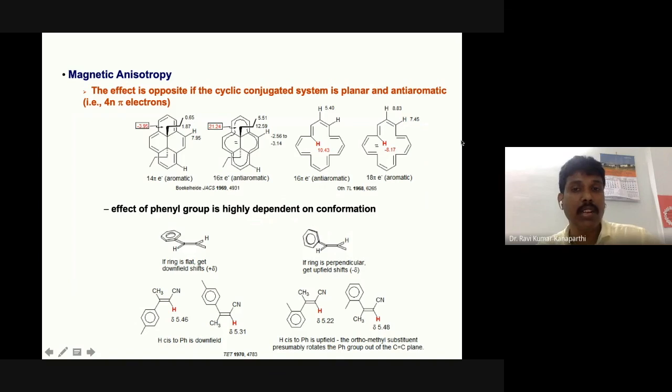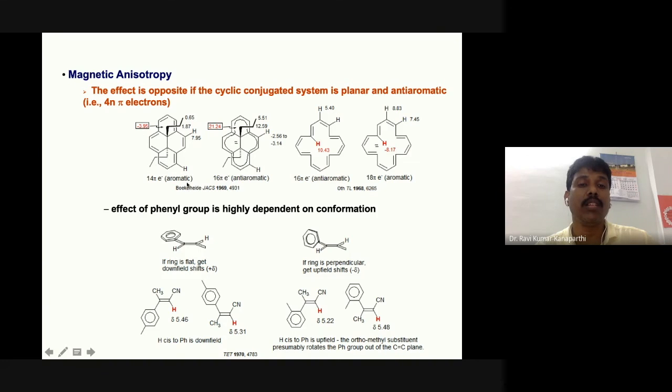So there are several other examples summarized here. You can see this 14 pi electron system, and the protons above are found in the negative region, that means the shielding region.